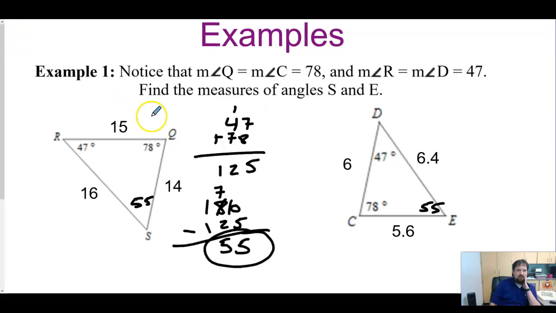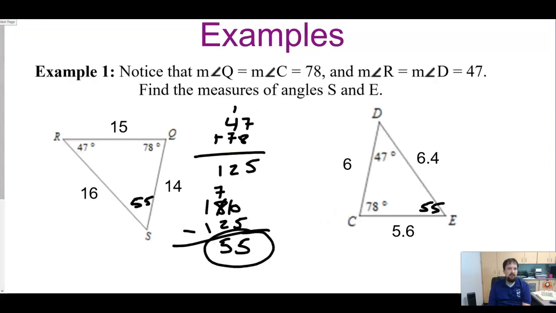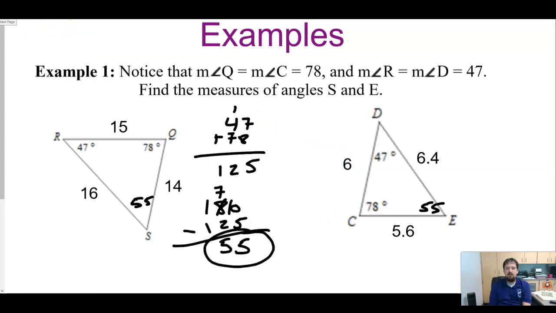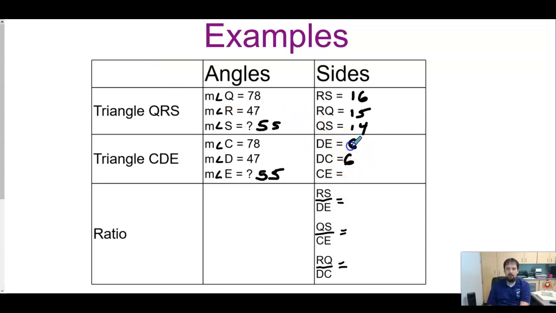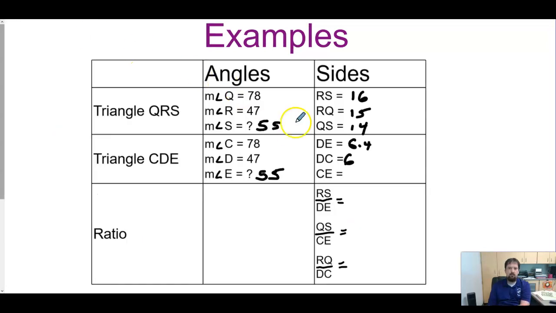And QS, from Q to S, is 14. Now let's find DE, DC, and CE. DC is 6. DE is 6.4. And CE is 5.6.